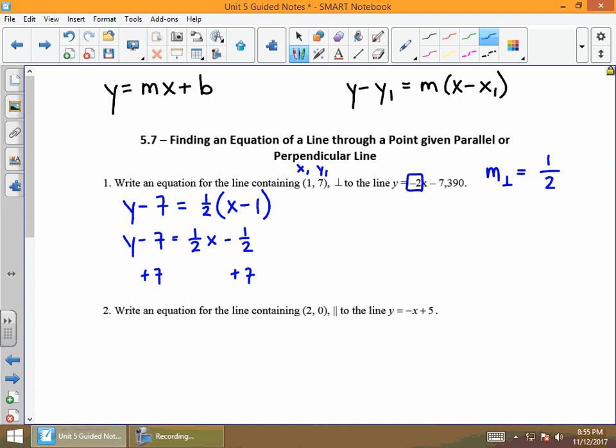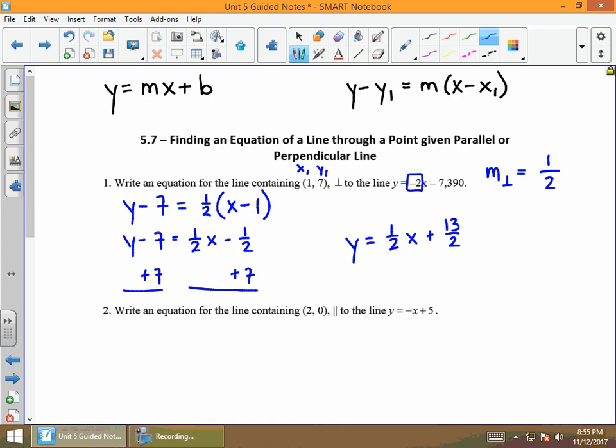So my equation, when it's all said and done, the left side is y equals 1/2 x. Negative 1/2 plus 7 is 13 over 2, or 6.5. Either way is fine.